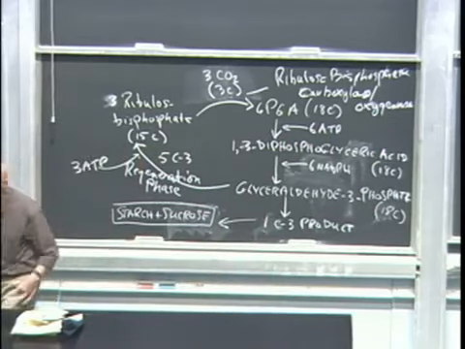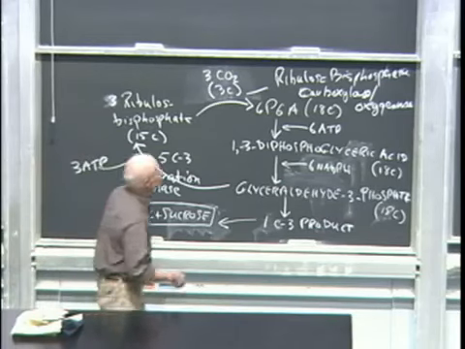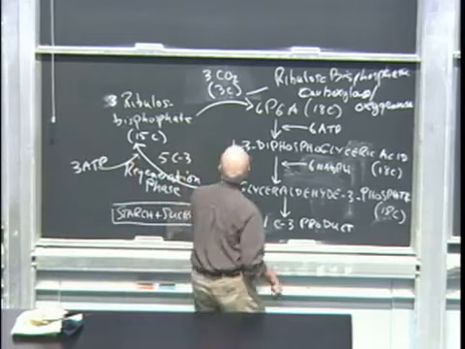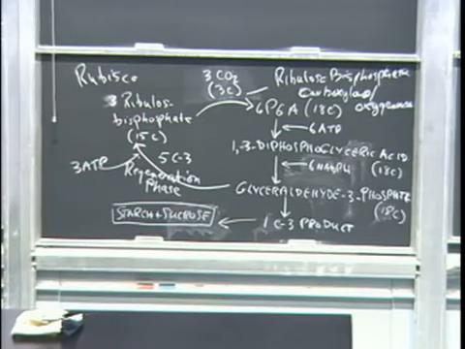It is shown in several places in the handout. This enzyme is known as Rubisco, R-U-B-I-S-C-O, because we don't want to say ribulose bisphosphate carboxylase / oxygenase. And this is the enzyme that actually fixes CO2.